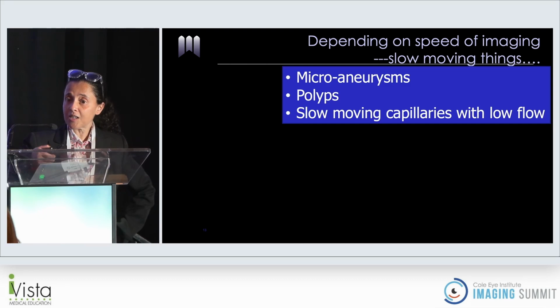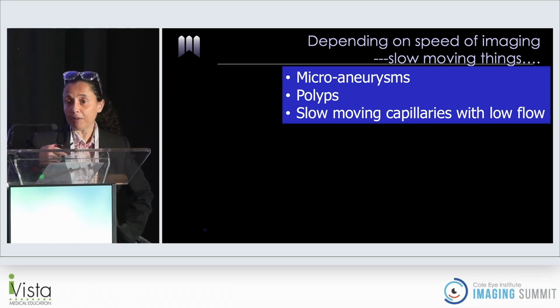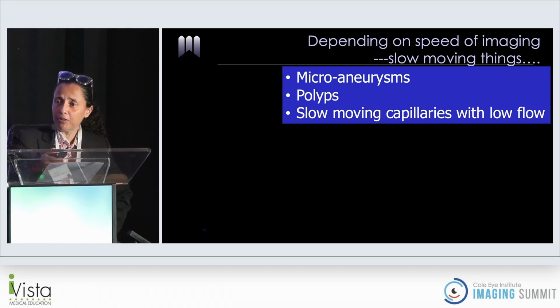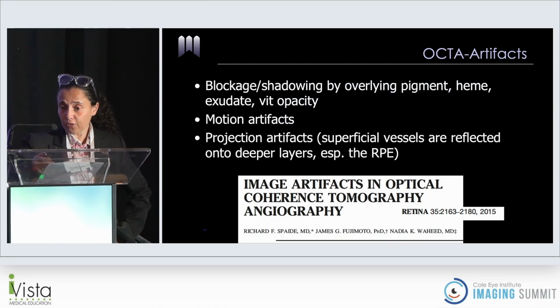Polypoidals and the polyps themselves, the flow is so slow and turbulent, sometimes they don't show up. And then you can see that capillaries come and go in an angiogram. So if you get a series of angiograms on a patient, sometimes you'll see capillaries come and go. These are probably capillaries with very slow flow.